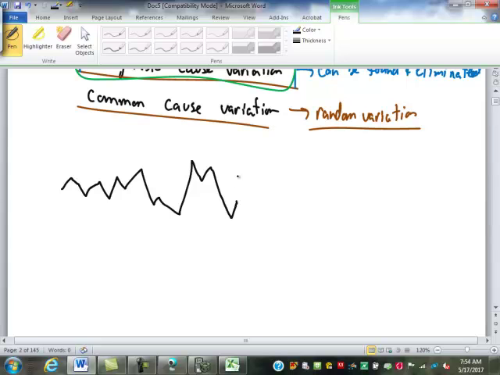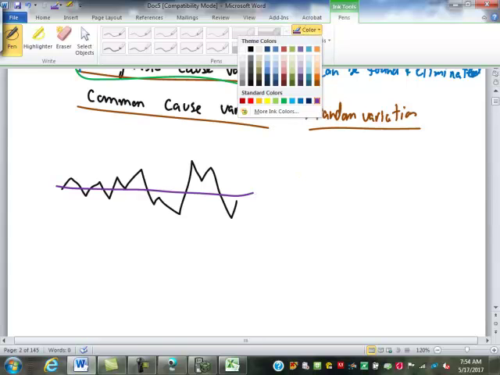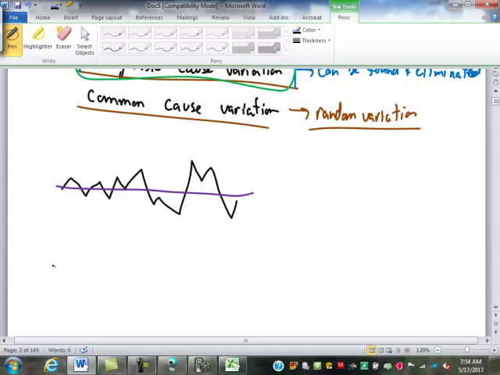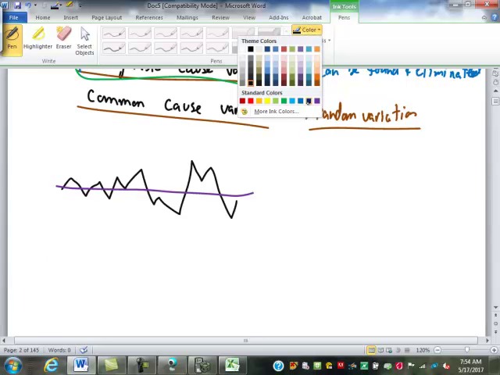What's going on here that's concerning? We're getting further and further away from the center line, right? Would this be concerning? I'm going to put my center line in here first.